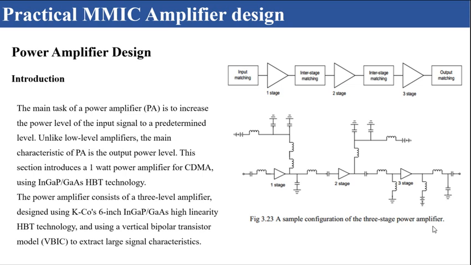The power amplifier consists of a 3-stage amplifier designed using a 6-inch gallium indium phosphide gallium arsenide phosphide high linearity HBT technology, and using a vertical bipolar transistor model to extract large signal characteristics.